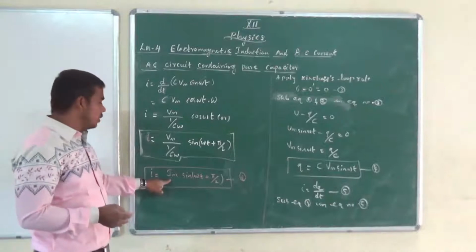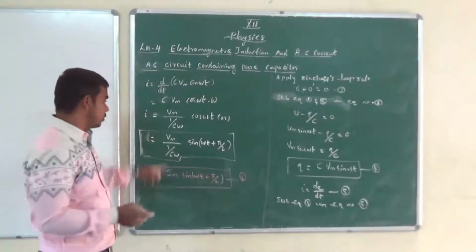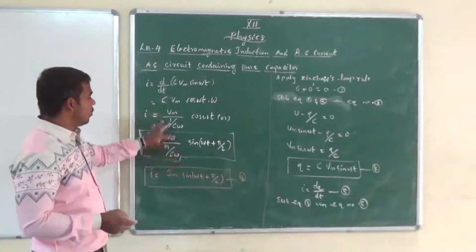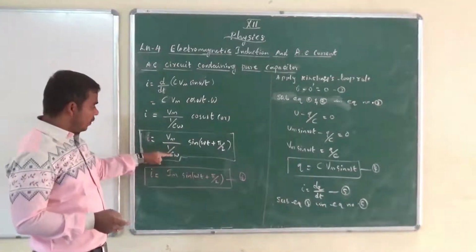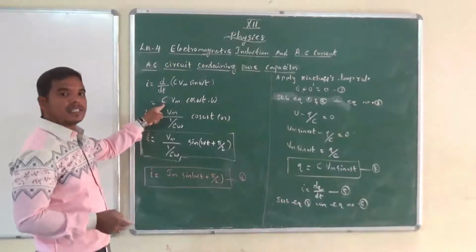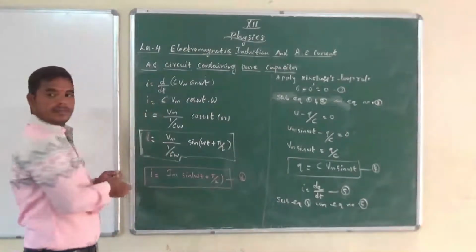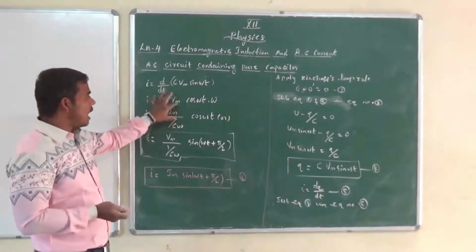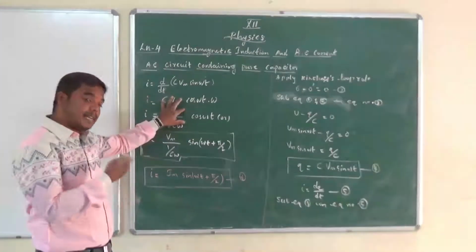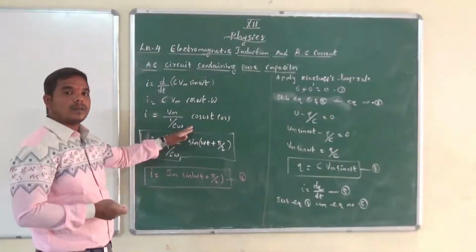We already know the maximum current, sin omega t plus pi by 2. See above equation number 6, Vm divided by 1 by C omega. If you move it to the numerator, we get this equation. Am I correct? If you change that, we get the other form.